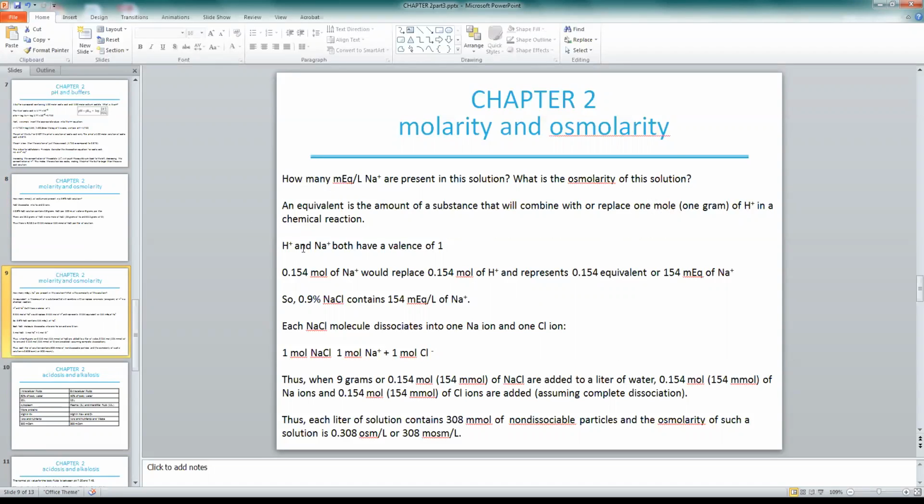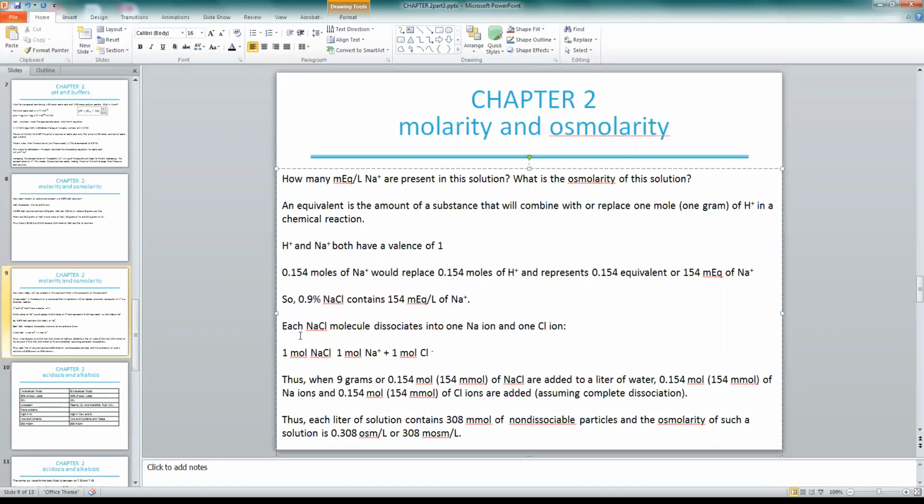So because H plus and Na plus both have a valence of 1, 0.154 moles of sodium would replace 0.154 moles of H plus. And that represents 0.154 equivalents, or 154 milliequivalents of Na plus. So 0.9% NaCl is going to contain 154 milliequivalents per liter of sodium.